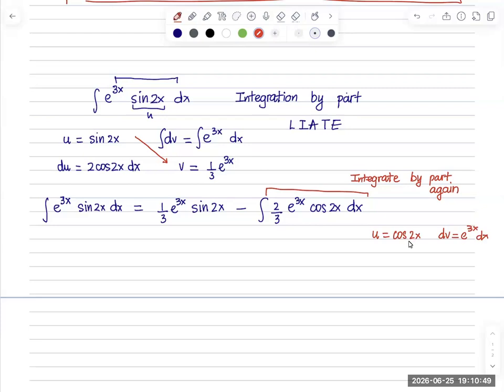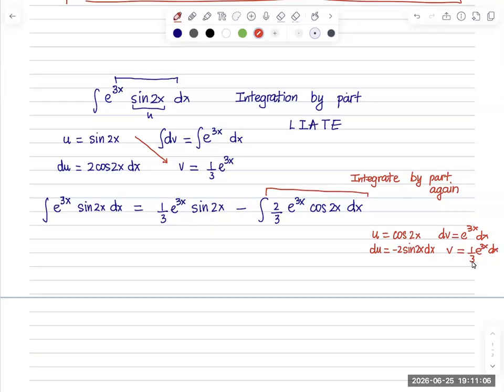Taking the derivative of cosine 2x, we have du is -2 sine 2x dx, and then v is gonna be 1/3 e^3x. And now we're gonna do uv minus v du.